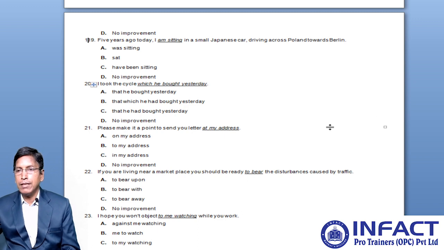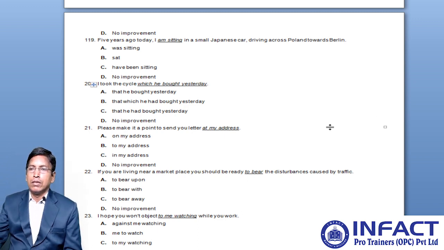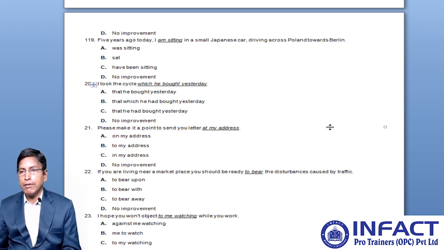So it should be to bear with. So the correct option as far as 22 is concerned, where an alternative is required for the underlined word to bear, should be replaced with to bear with.